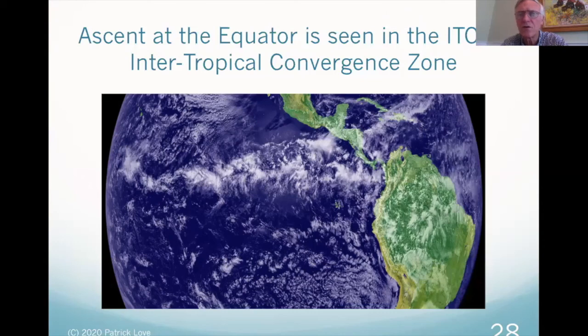It's also called the Intertropical Convergence Zone, if you want a fancy name, the ITCZ. And basically, it does move with the seasons. So it goes north in northern hemisphere summer, and it moves south in southern hemisphere summer. But you will see this band of clouds around the equator where we get the circulation moving from the warm surface and land up to the surface waters and land into the atmosphere.